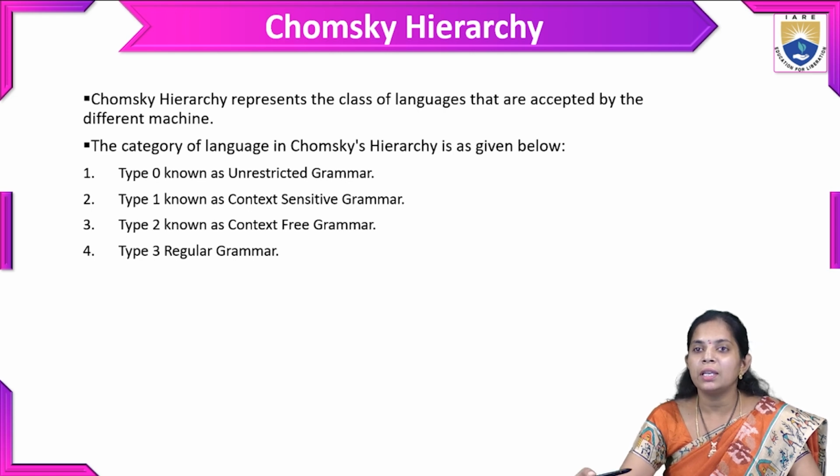There is a hierarchy of grammar. What is the hierarchy? How many types of grammars have we discussed till now? So far we have discussed languages and grammars: regular grammars, regular languages, context free grammars, context free languages, context sensitive grammars, context sensitive languages, and the Turing machine, that is, unrestricted grammars and unrestricted languages.